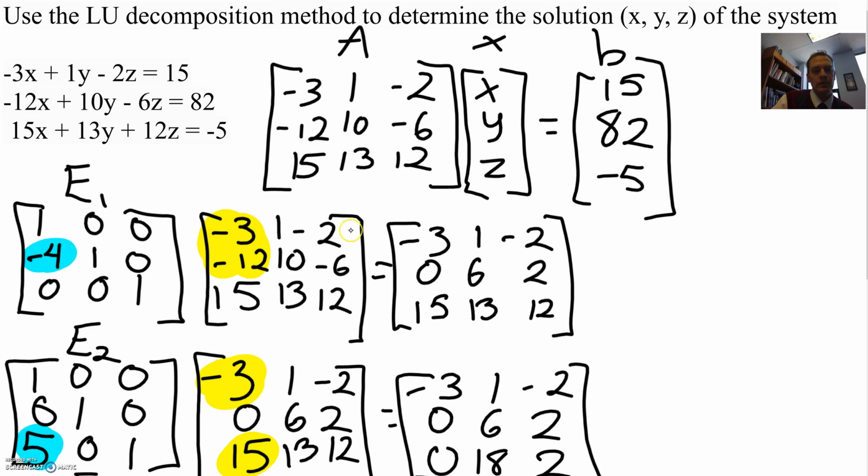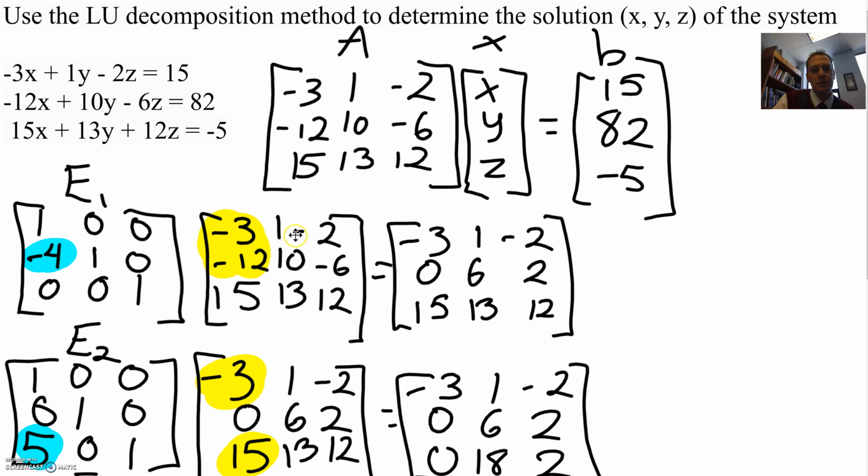Notice that I keep the first row the same and the third row the same because I'm only affecting the second row. And that's what this elementary matrix will do. Notice that 1, 0, 0, if I multiplied it out, is basically going to keep 1 times -3 with a bunch of zeros, 1 times -1 with a bunch of zeros, and 1 times -2 with a bunch of zeros.